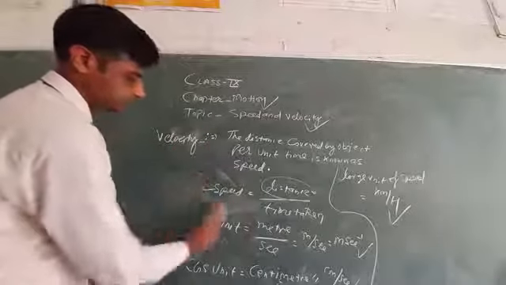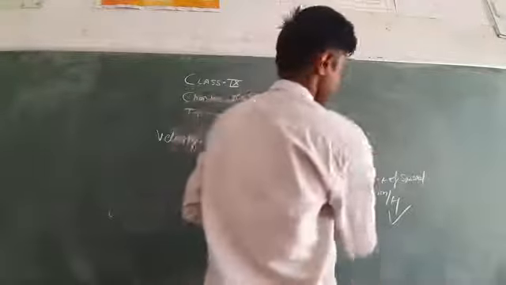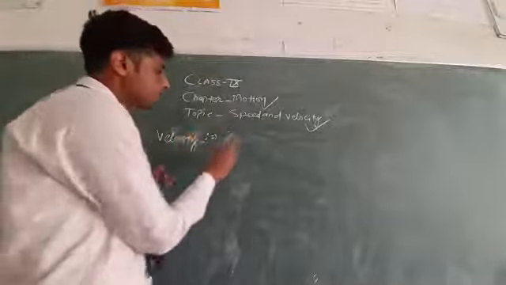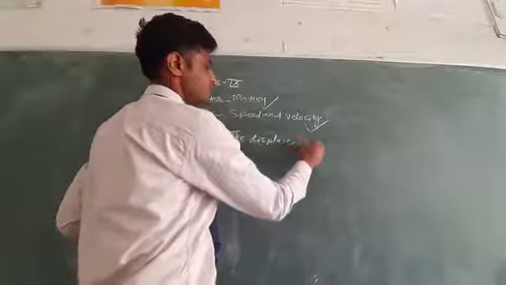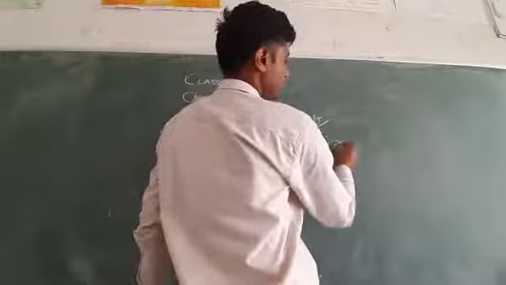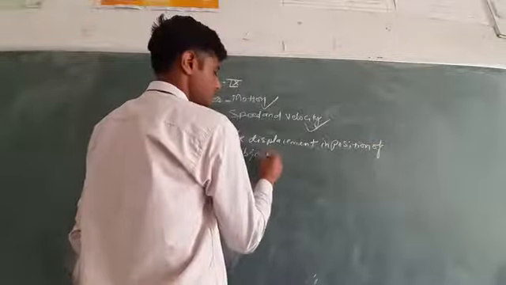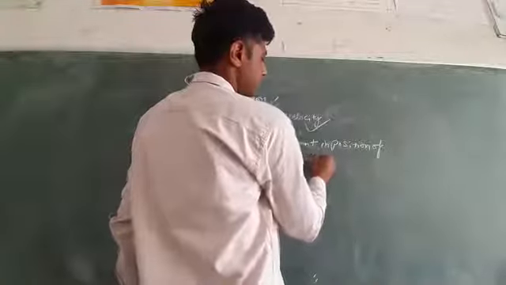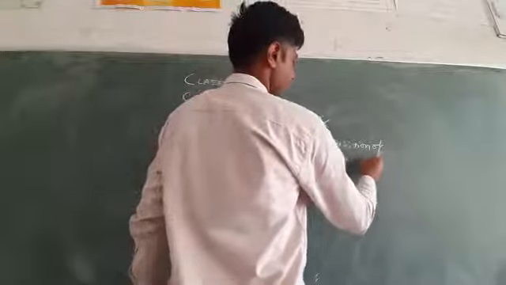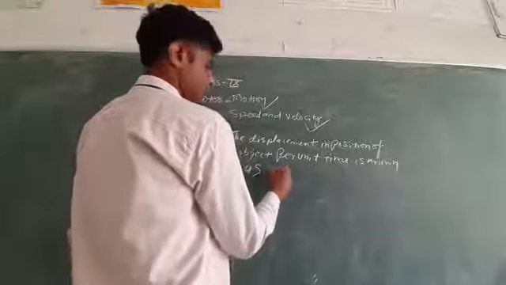What is velocity? The displacement in position of an object per unit time is known as velocity.